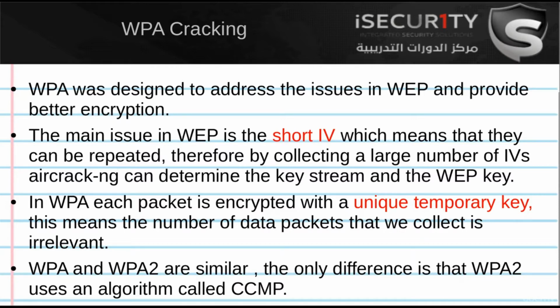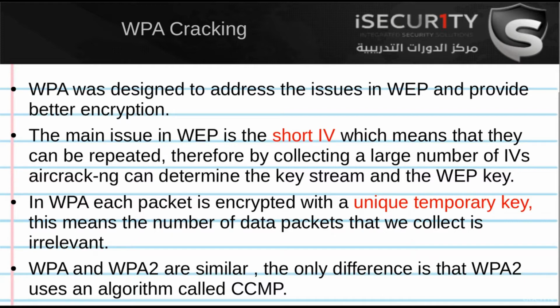The short initialization vector meant that the possibilities of having a unique IV in each packet can be exhausted in active networks. So when we were injecting packets, or in naturally active networks, we will have more than 2 packets that have the same IV. When this happens, aircrack-ng can use statistical attacks to determine the key stream and then determine the WEP key.